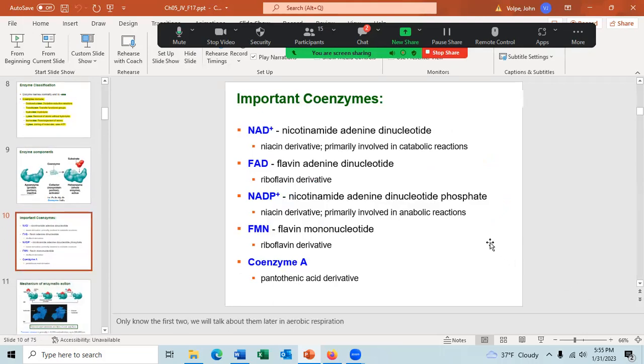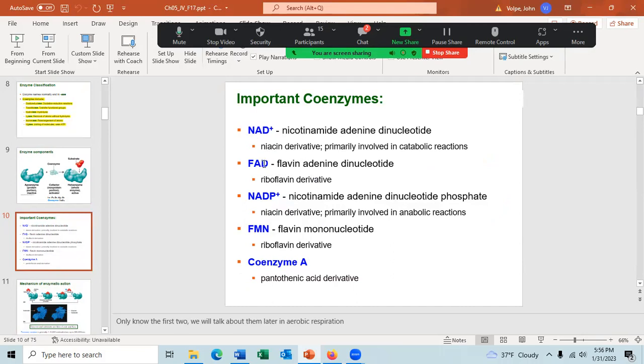Some important coenzymes include NAD+, which is nicotinamide adenine dinucleotide. Another one we're going to talk about is FAD, flavin adenine dinucleotide.